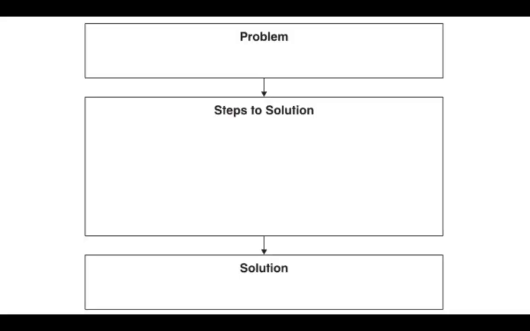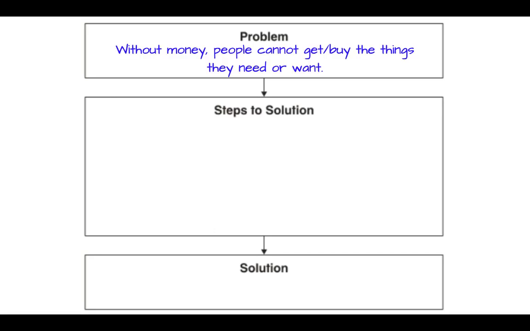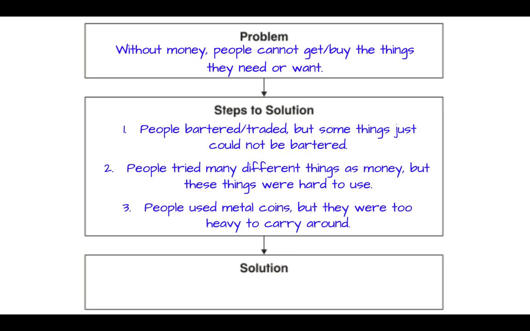What was our problem? Without money, people cannot get or buy the things they need or want. That's right. Some of the steps that they took were: one, people bartered or traded, but some things just couldn't be bartered. Another step, they tried many different things as money, but those things were really hard to use.